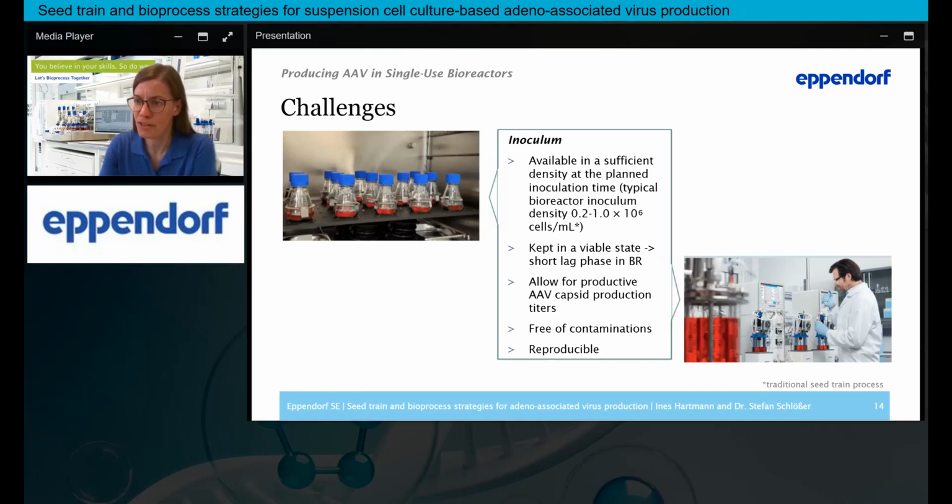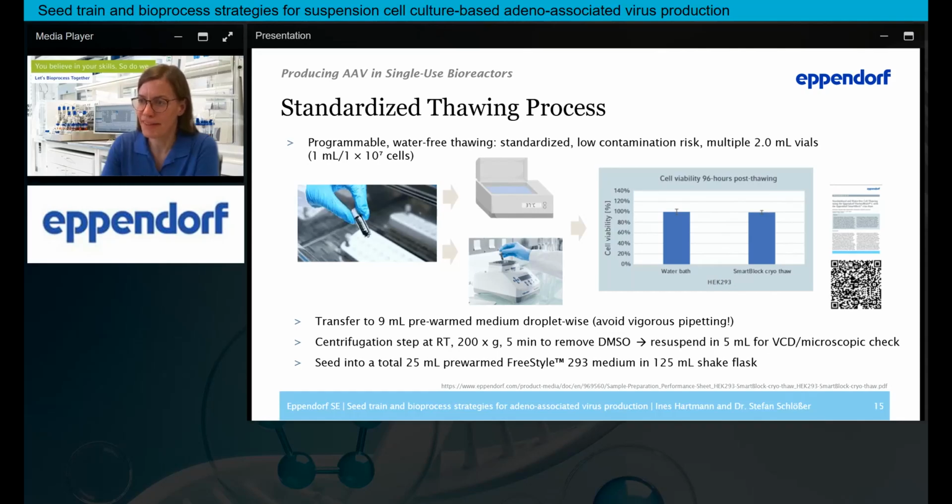Plus, of course, it should allow for productive AAV capsid production in this case. And because you handle shake flasks also in an open environment, in a biosafety cabinet, it must be free of contaminations. And it should be reproducible in the end, because you would do it more than one time.